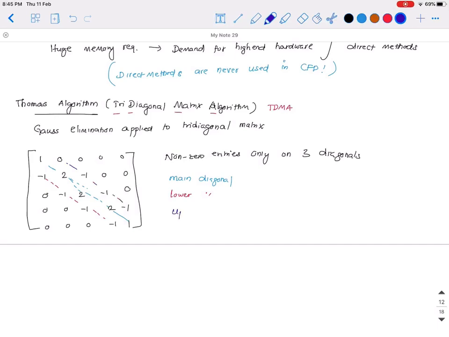All other entries are 0. Such matrices are called tri-diagonal matrices.